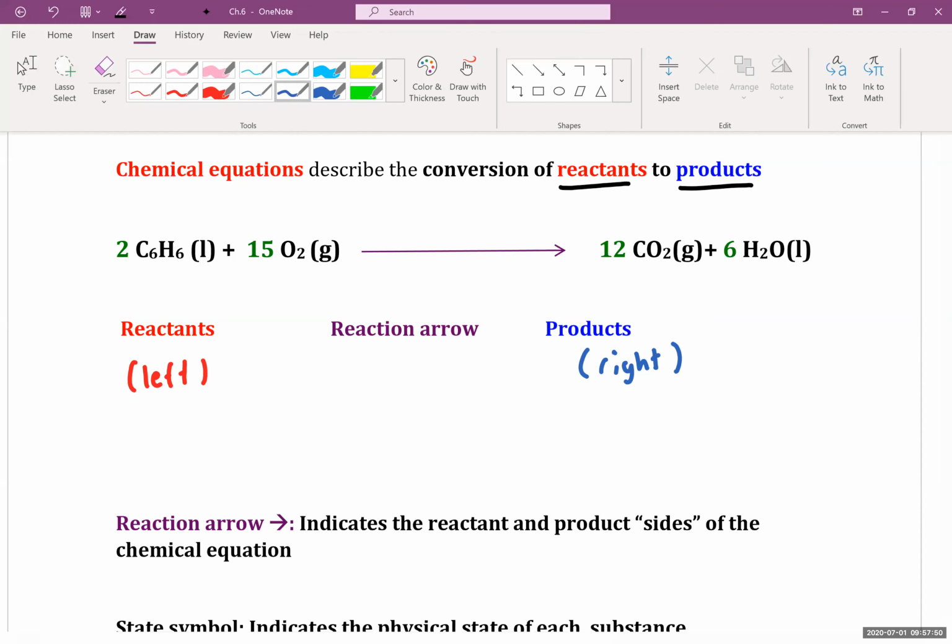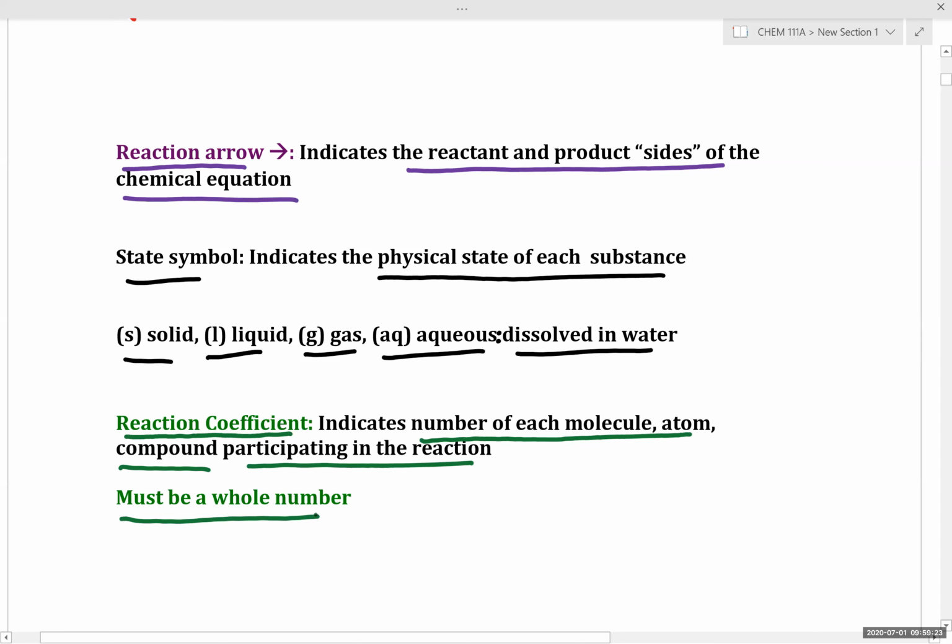There's no such thing as half a molecule. Those statements don't have any physical meaning. So it's really important to note that your reaction coefficients must be a whole number. They must show whole numbers of atoms and molecules reacting. So what do we mean by whole number? No fractions.